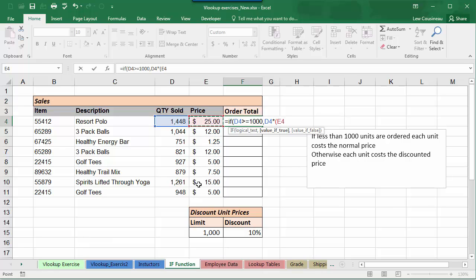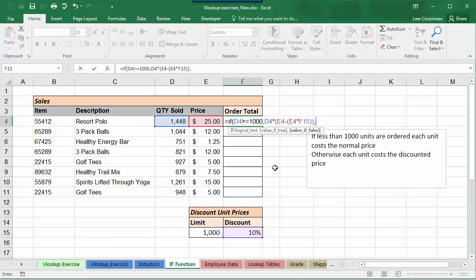So I can do that by taking that price minus that price times 10%. And now I have to do two brackets there. So basically, I'm taking that price, 25 times 10%, which is going to give me 2.5. I'm going to take 25 minus 2.5, and now I'm taking that quantity times that new number.